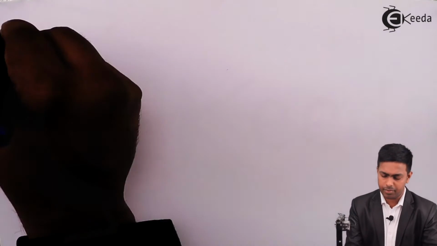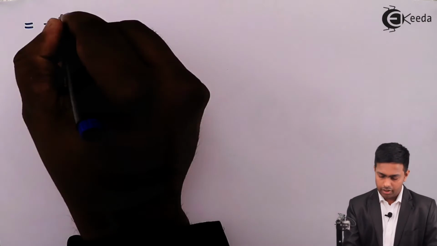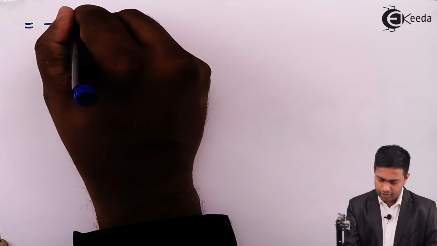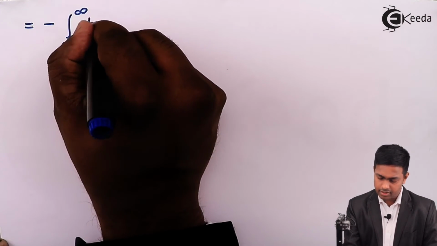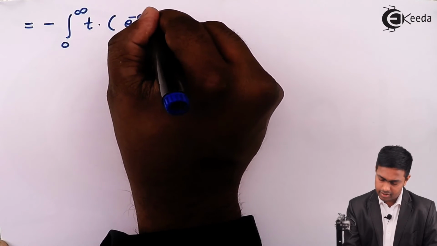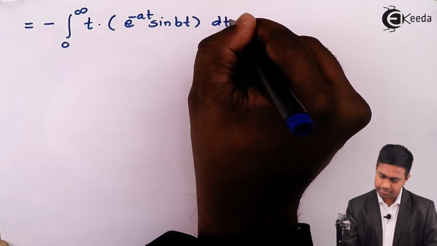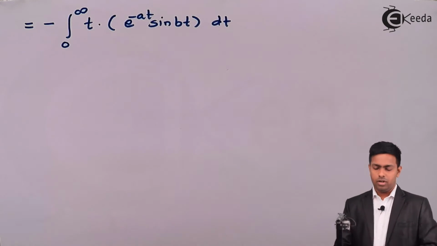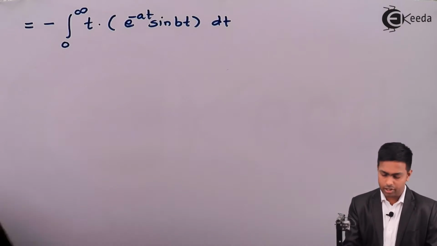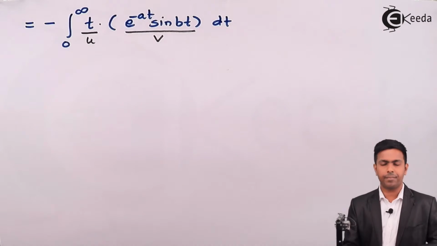So this is nothing but equal to the negative sign outside, integration 0 to infinity of t as it is into e raised to minus at sin bt dt. Now let's evaluate this. I'll call this u and this one v.